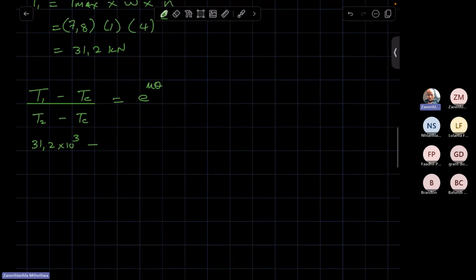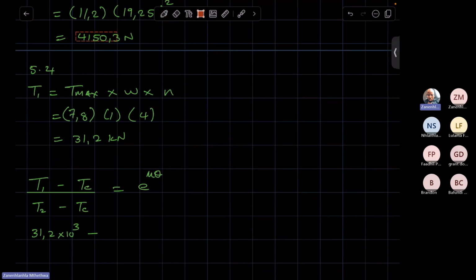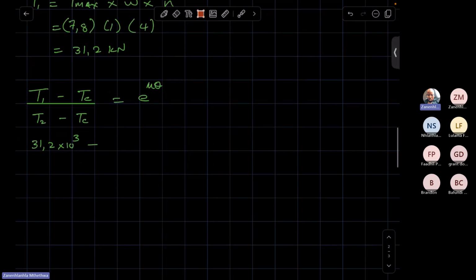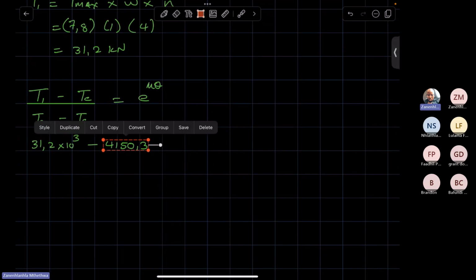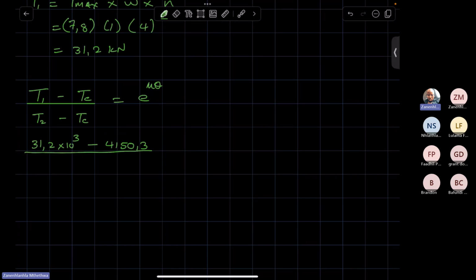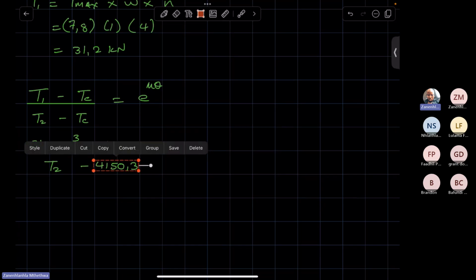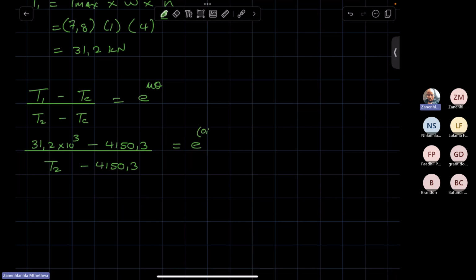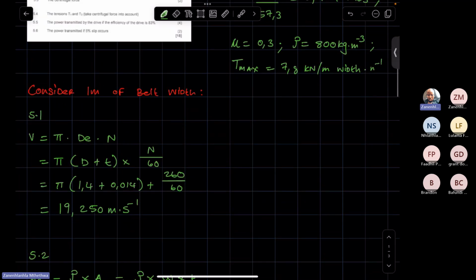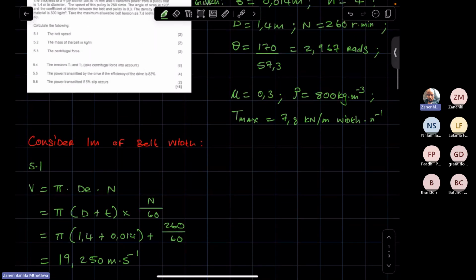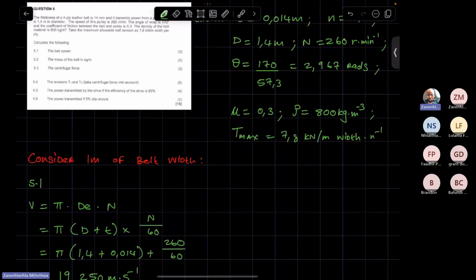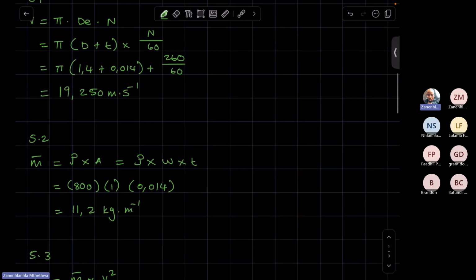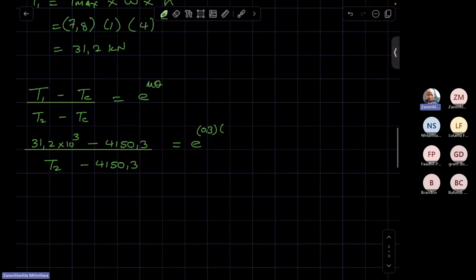So this minus our TC, this is the magnitude of TC, divided by T2 minus TC, is equal to e to the exponent mu, which is 0,3, times theta, which is 2,967.